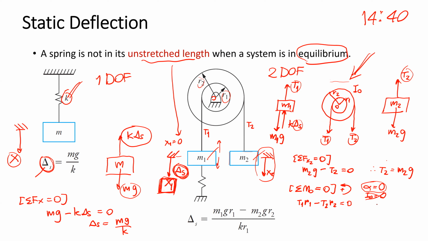Now I can form R1. No, I can form T1 in terms of M2, G, and R2.